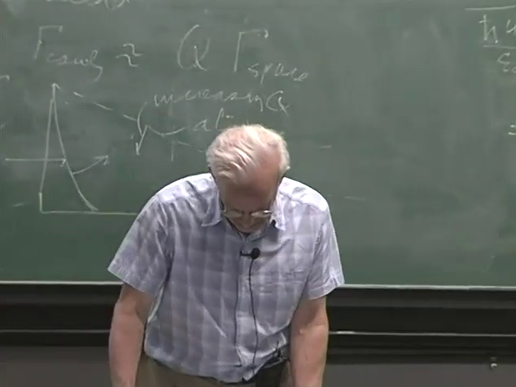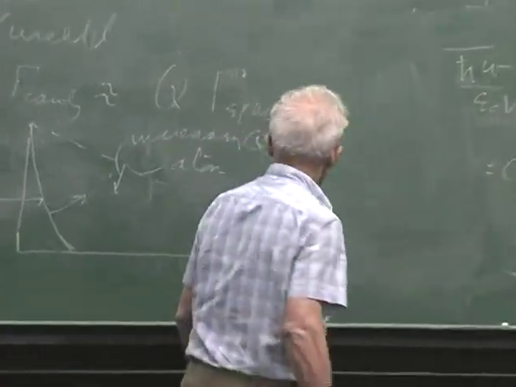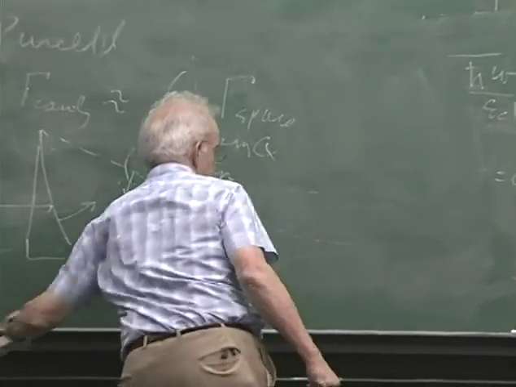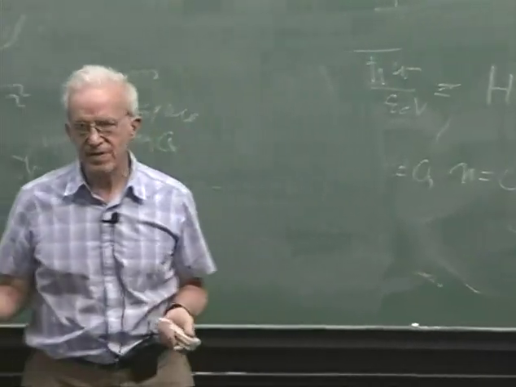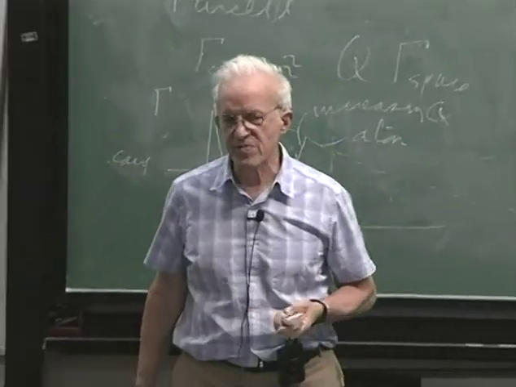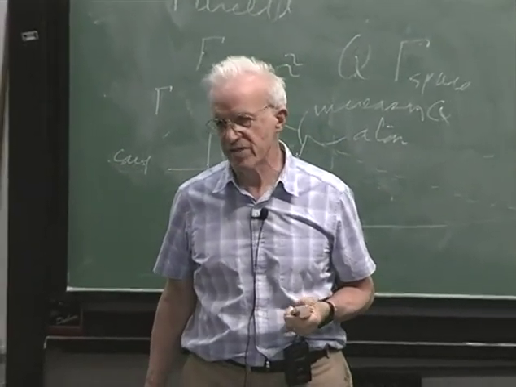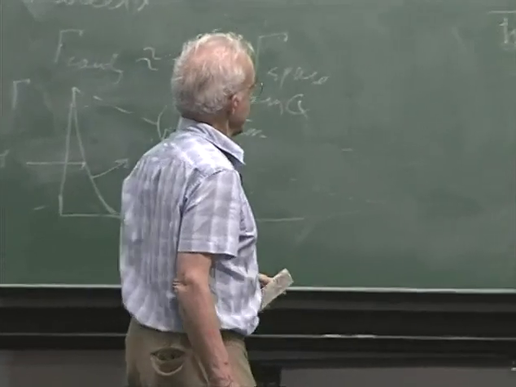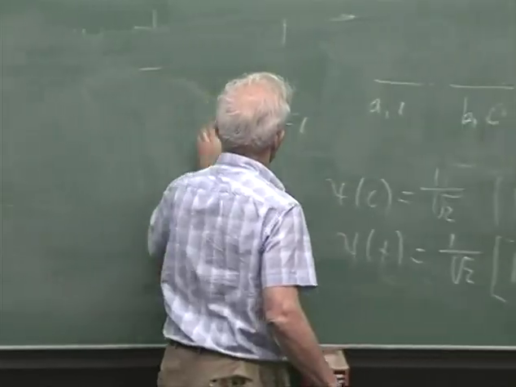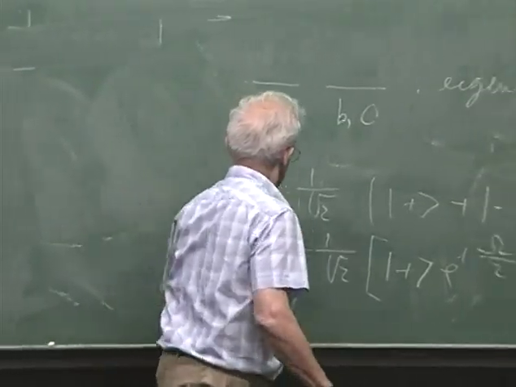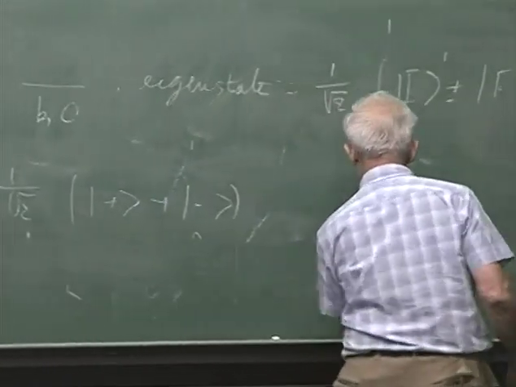But what I'd like to do is look at the more familiar, mundane problem of just what happens when an atom radiates in free space. Now, we have a two-level system.